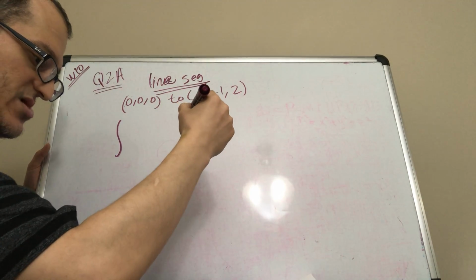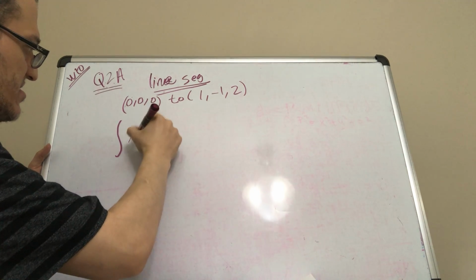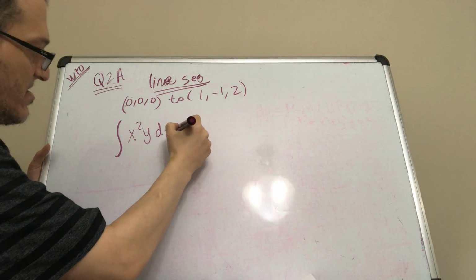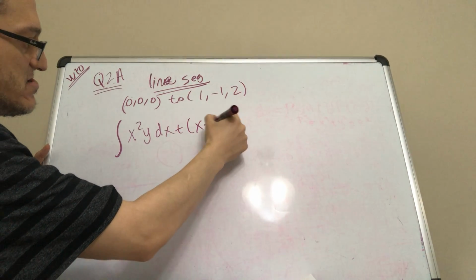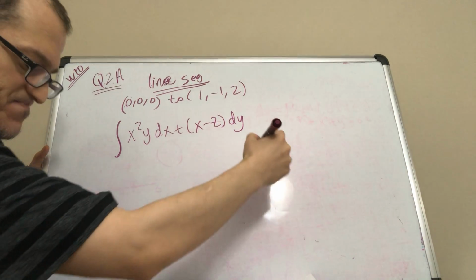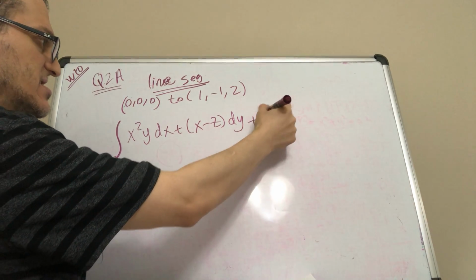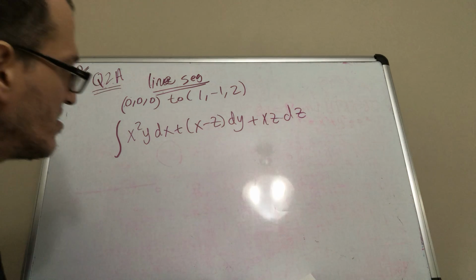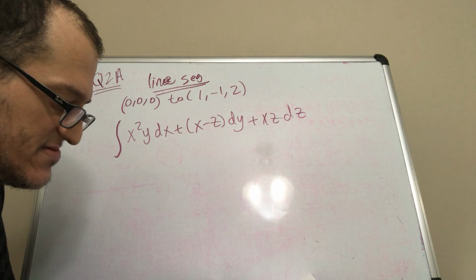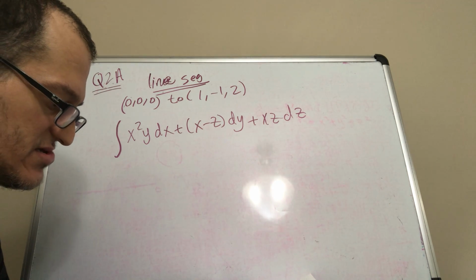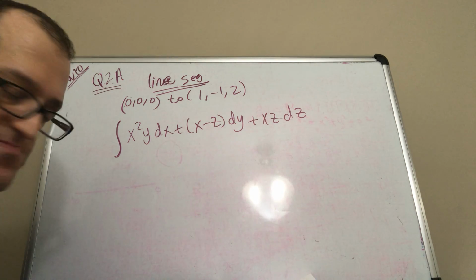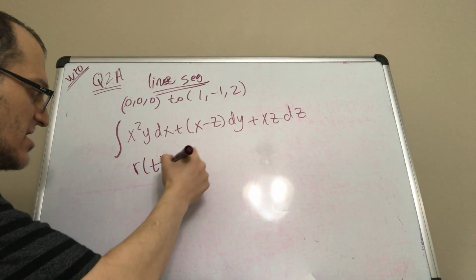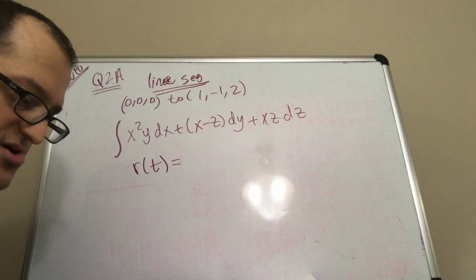This one, they want you to do this, x squared y dx, x minus z dy, and xz dz. And first of all, since there is no curve given, first step is you need to determine the line segment, you need to determine the curve.